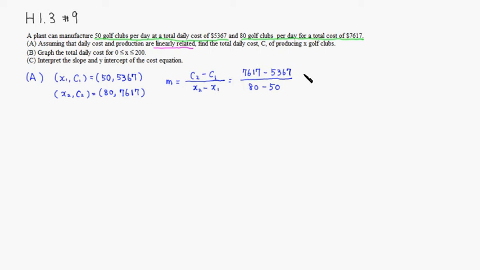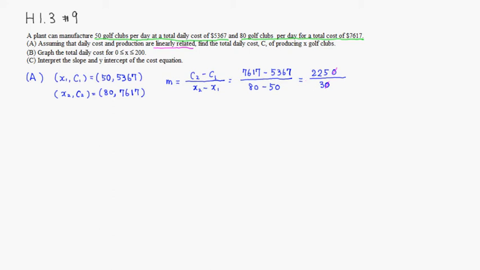This is equal to 2,250 divided by 30. We can simplify this: divide top and bottom by 10 to knock out the zeros.